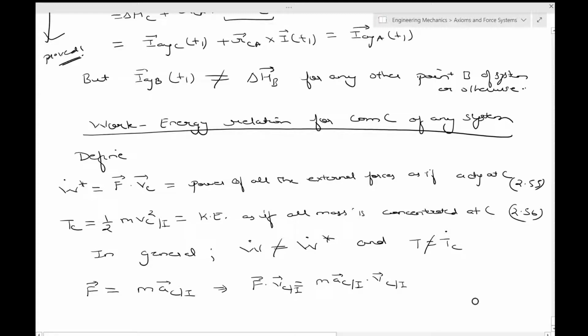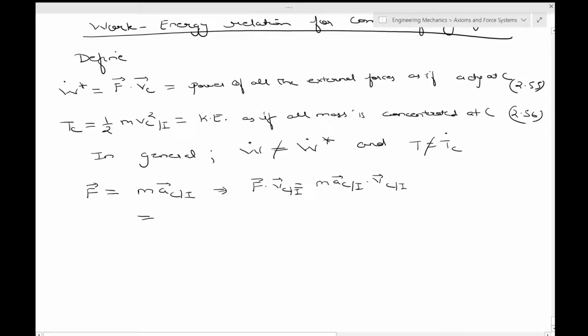This means that I can write this quantity as d by dt of half m vC dot vC in the I frame.